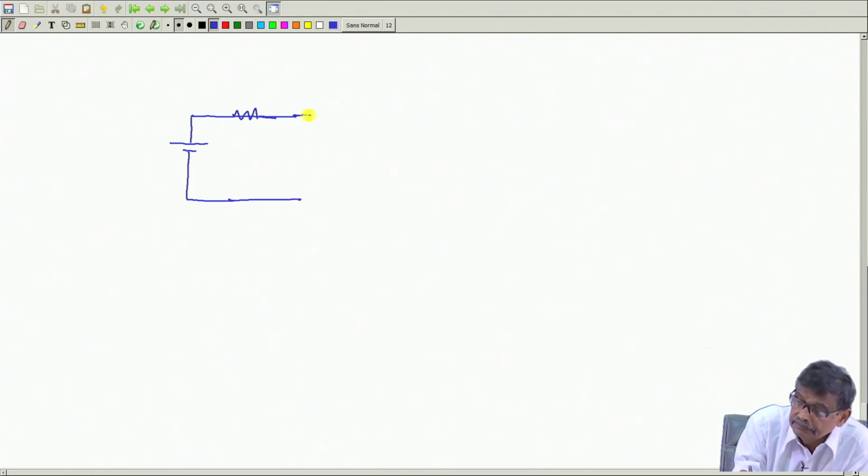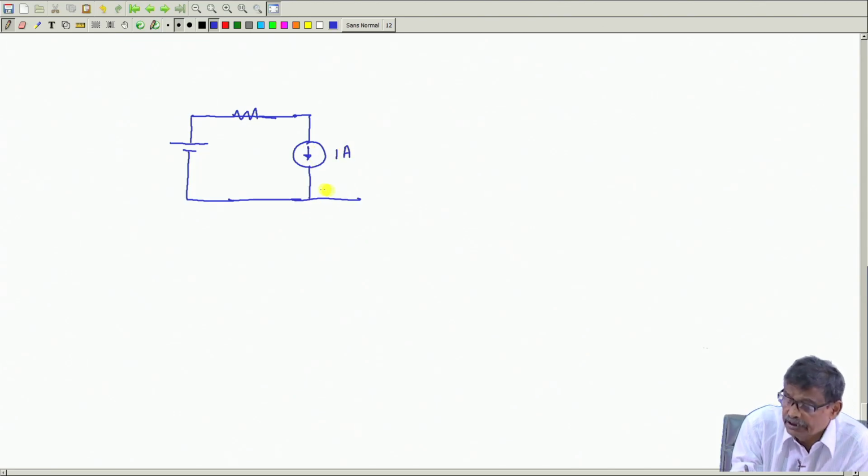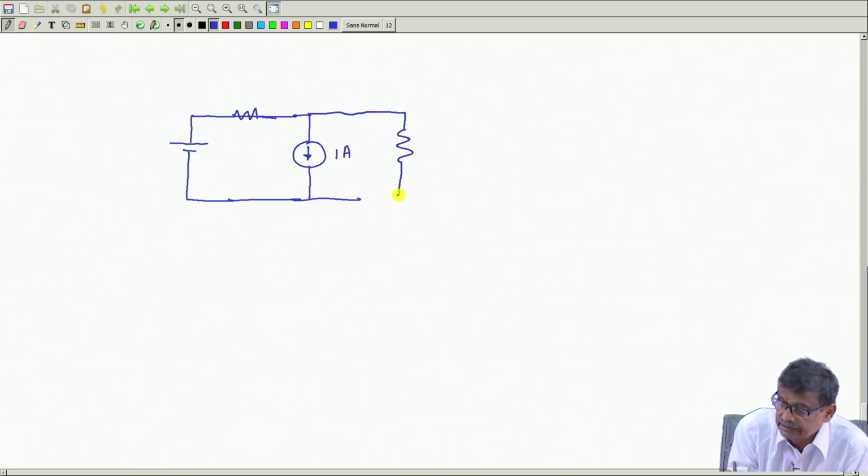A battery and a current source, say 1 ampere. When I draw a current source like this, I have told you it is an ideal current source, and suppose there is another resistance in this circuit.